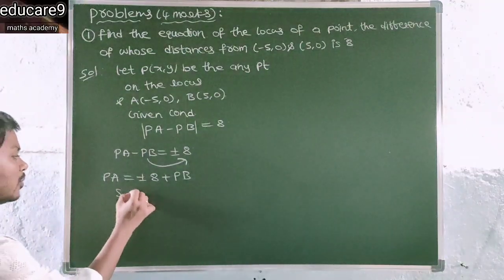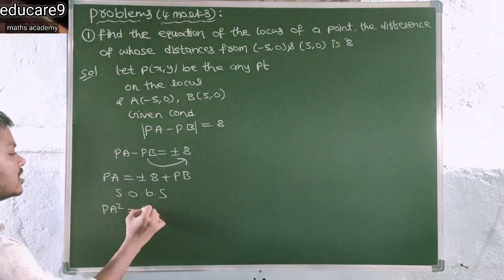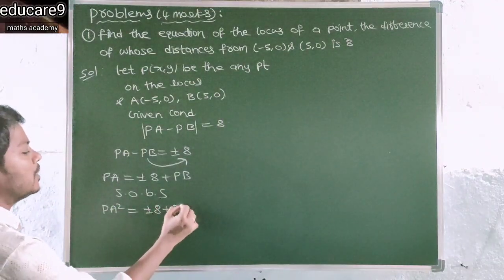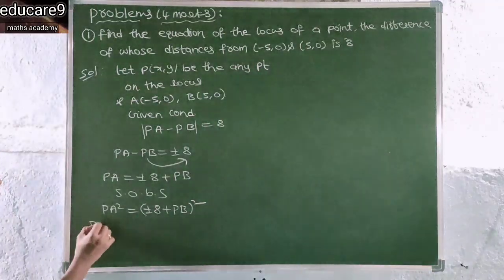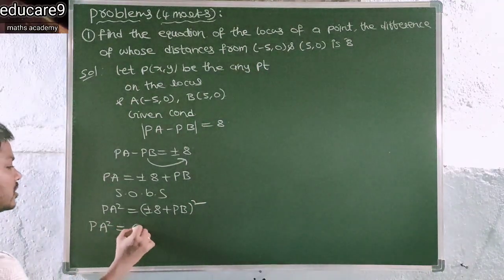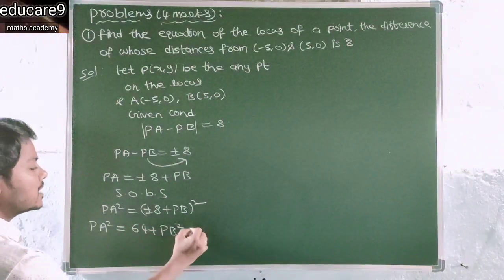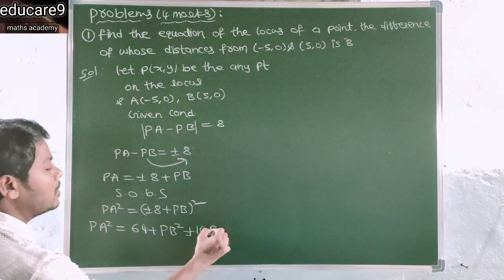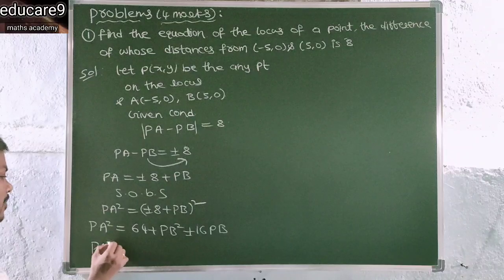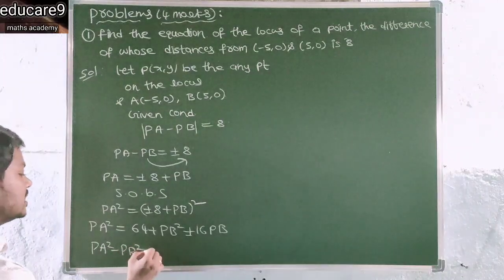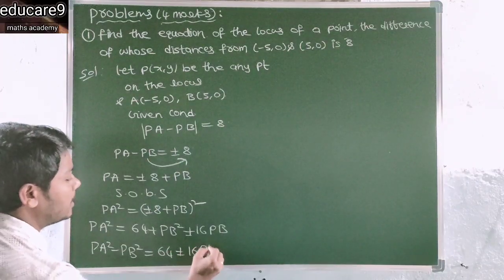Now squaring on both sides, PA² = (±8 + PB)². So this is PA² = 64 + PB² ± 16PB. Now this is PA² - PB² = 64 ± 16PB.